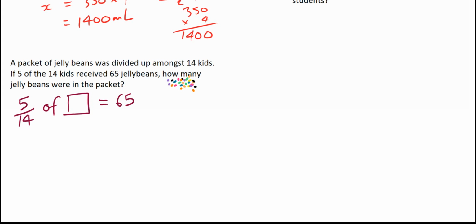Okay, so 5 kids in total receive 65 jelly beans. So what does this look like? We're looking at 14ths. So if I just have a quick diagram here, and I want to split that up into 14ths.